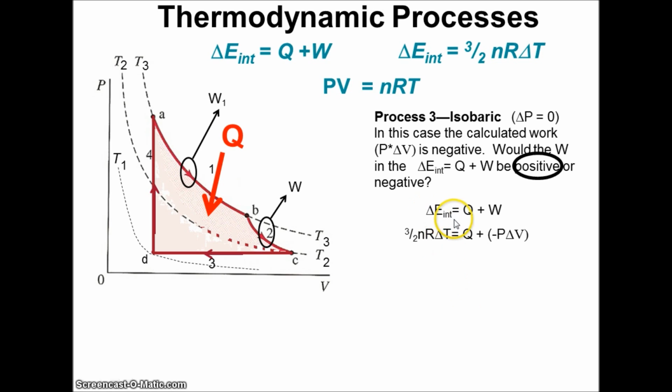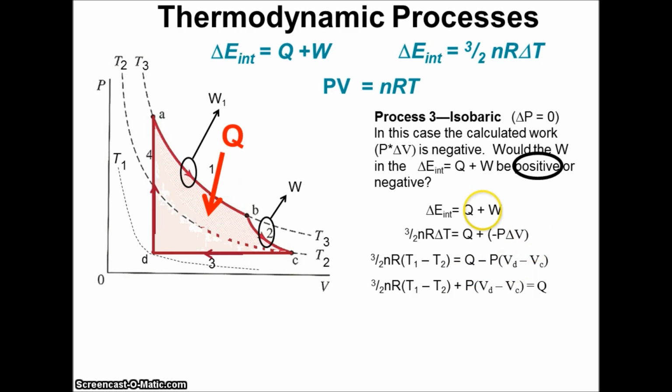So plug in what the change in internal energy is. Plug in what the work is, which is negative P delta V. And rearrange this. And we figure out what the Q is equal to. And temperature 1 is going to be less than temperature 2, so this term is going to be negative.